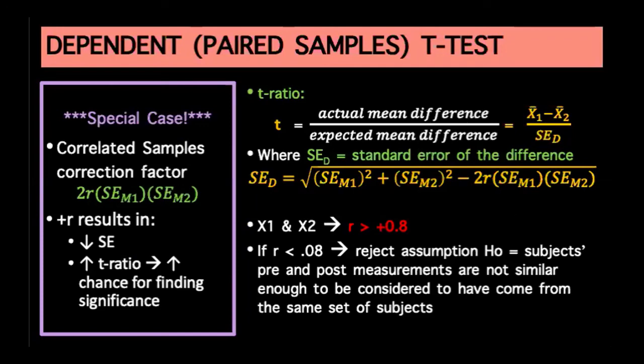Wait, so could you repeat again why the R is important in the paired samples? Yeah, so we know the same people are going to be measured twice, right, based on our independent variable groups. We just have to make sure that the relationship between their pre and post test values makes sense, right? So like I was saying, if we used a stretching program, how does that affect flexibility, right?